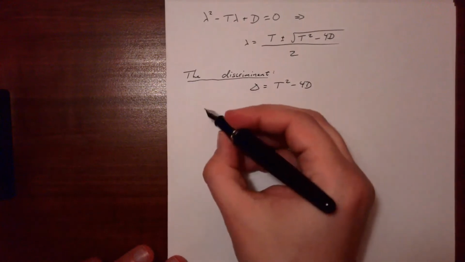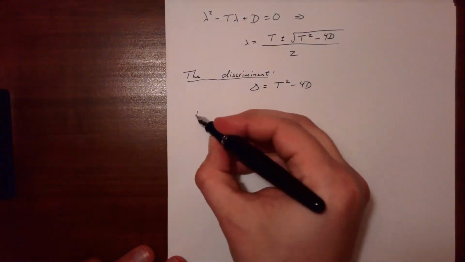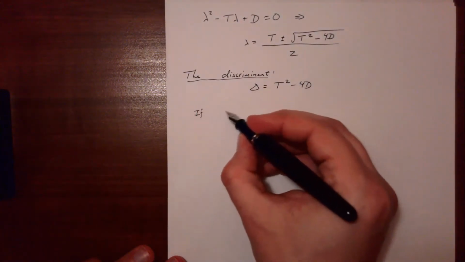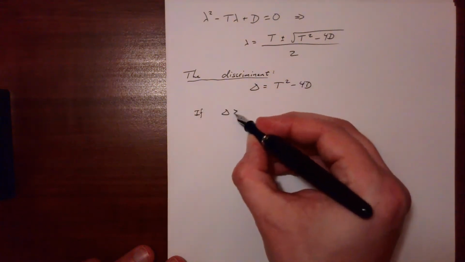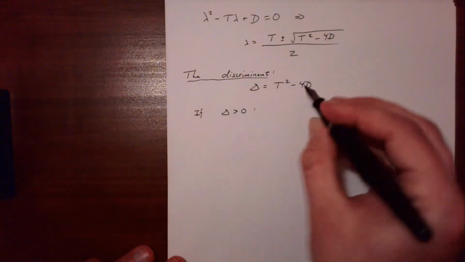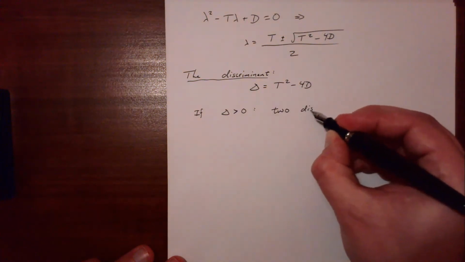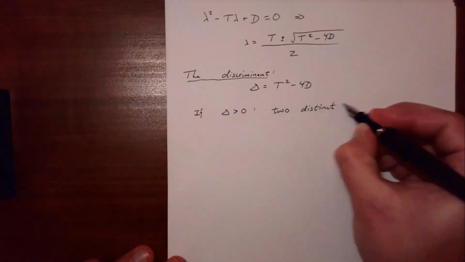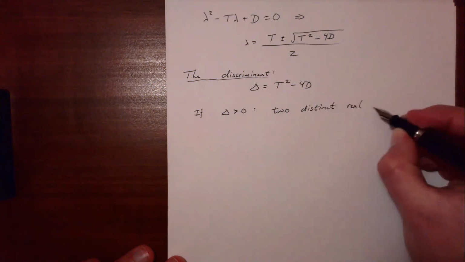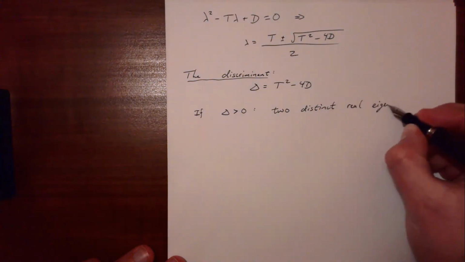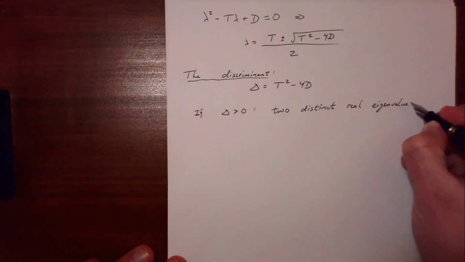So if delta is greater than 0, there will be two distinct real eigenvalues.